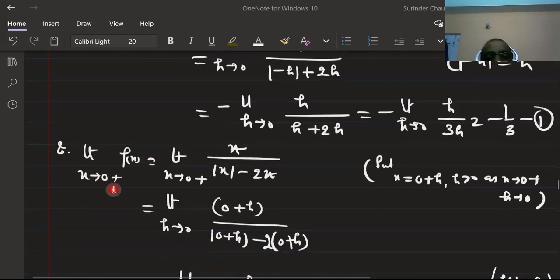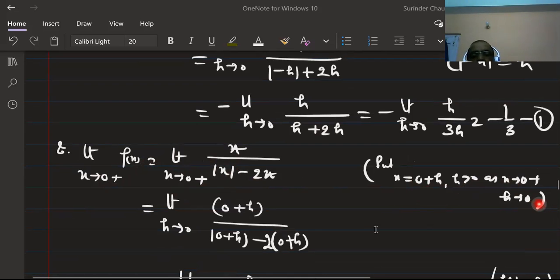Similarly, for the right limit, x tends to 0 from positive of f(x), which is x upon modulus x minus 2x. Again substitution: put x equal to 0 plus h, where h tends to 0 as x tends to 0 from positive.